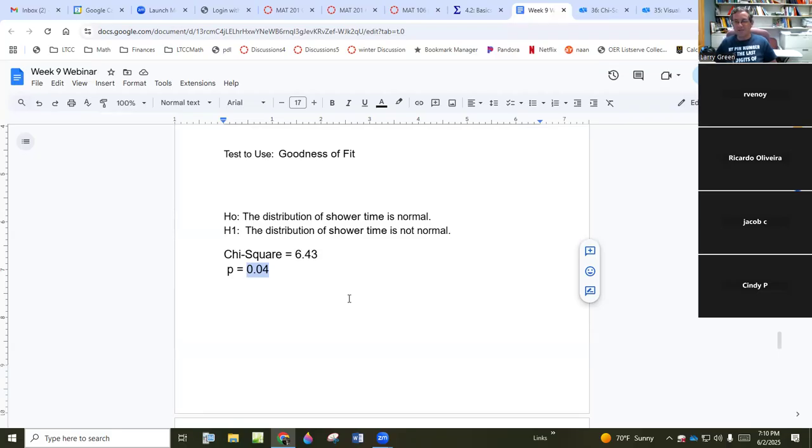Yeah, reject the null hypothesis. There is statistically significant evidence, but note we cannot say there is strong statistically significant evidence because 0.04 is not less than 0.01. We just say statistically significant evidence. So we have the evidence, but it's not strong. Do you see how it works?